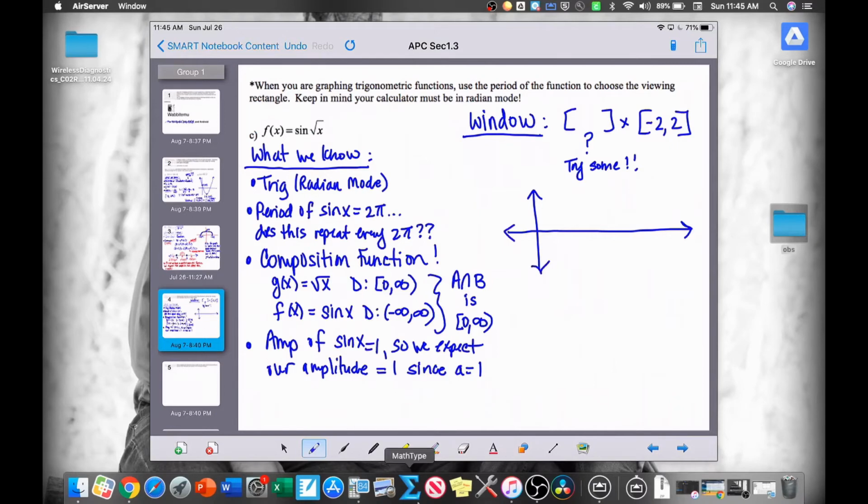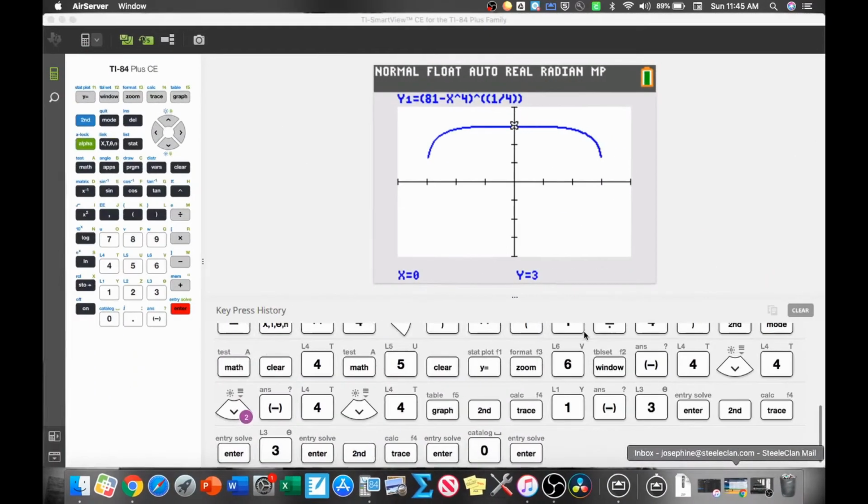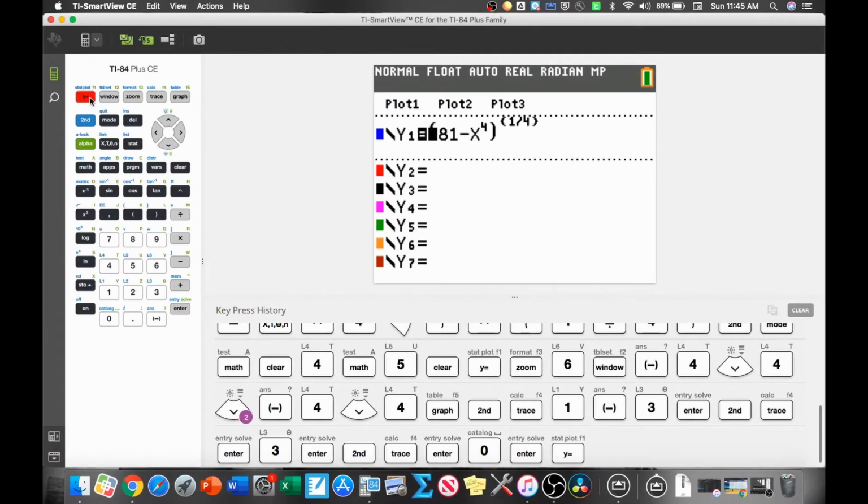So I'm going to go back to my graphing calculator. I'm going to go to my y equals. I'm going to clear out my previous function. And I'm going to type in my new function, which is sine of the square root of x. And your square root button is a second level function right here above your x squared key. So I have to hit second level and then that x squared.